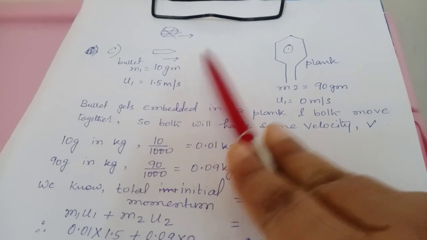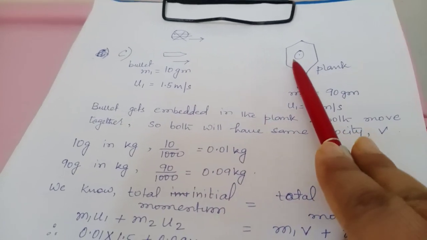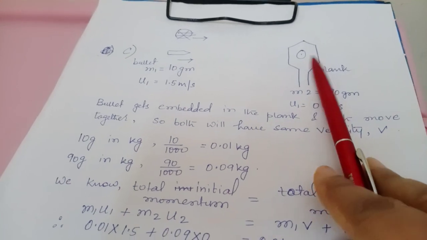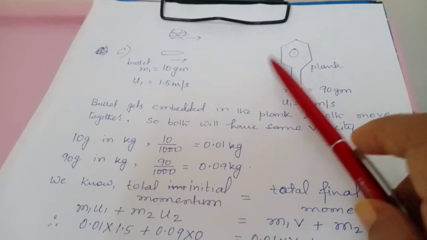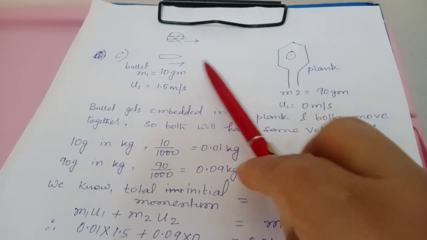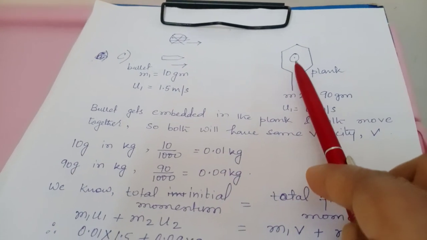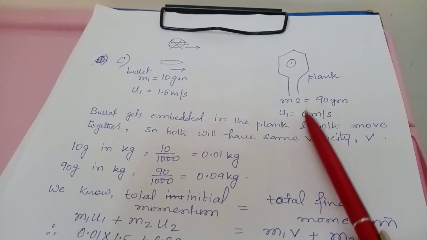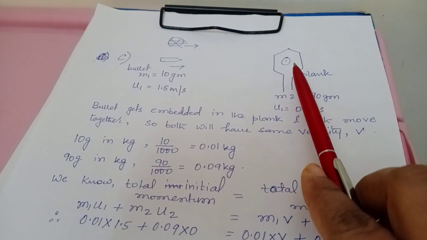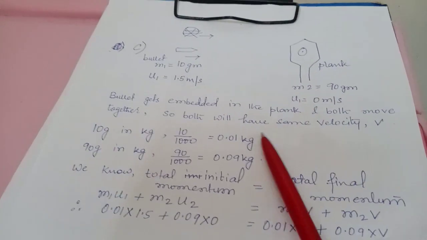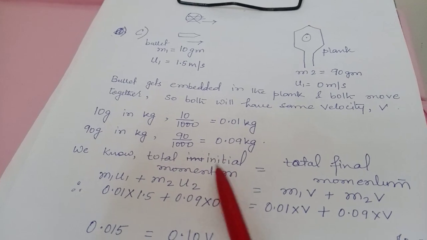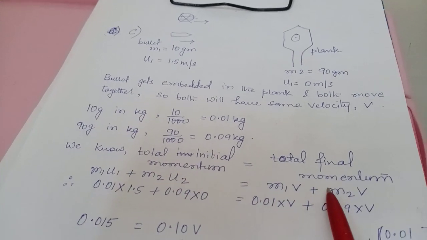If the bullet is embedded, that means the bullet is inside the plank, so both have the same velocity. So the initial velocity of the bullet was 1.5, the final velocity will be the same as that of the plank, and the initial velocity of the plank was 0 because it was stationary. Now from conservation of momentum, we all know that total initial momentum equals total final momentum.